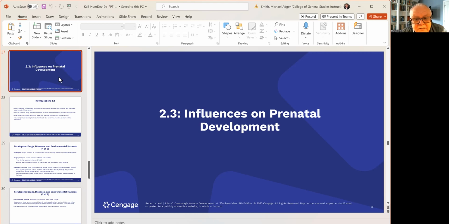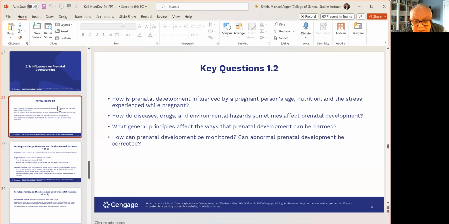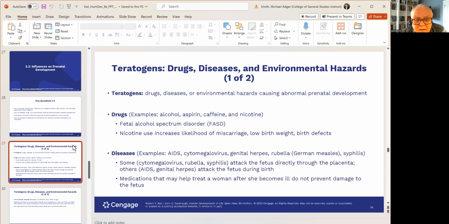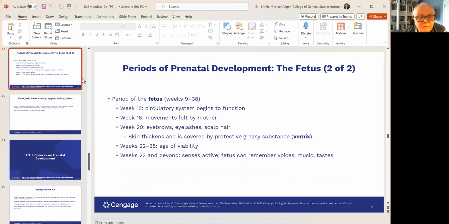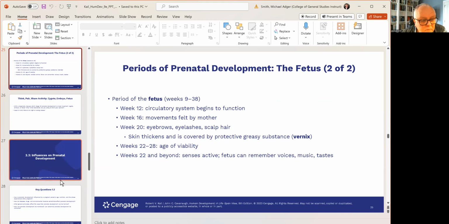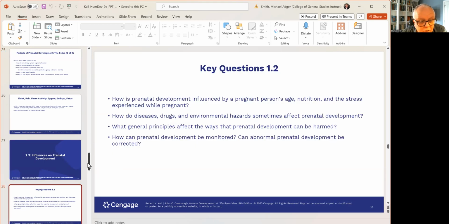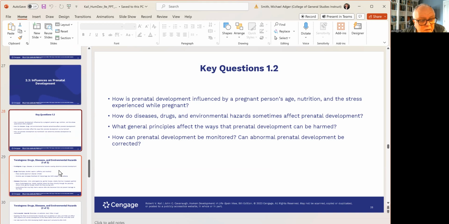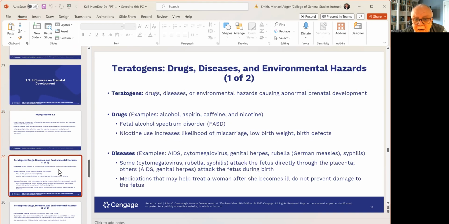So there are a lot of influences on prenatal development, and I want to just mention those to you. Teratogens, or drugs, diseases, and environmental hazards can cause abnormal prenatal development. Drugs have a marked effect on a baby's outcomes.